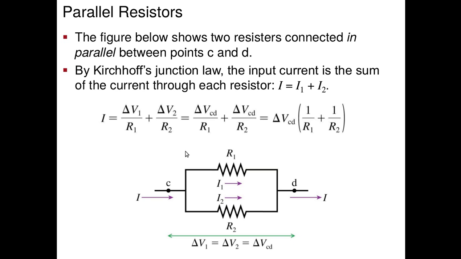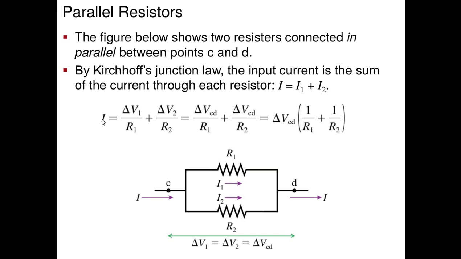But I know from the lab and our voltmeter readings that V1 and V2 are both the voltage of the battery. So I can write that as V sub CD. So now the numerators are the same term, the voltage supplied by the battery. So if I factor that out, I get 1 over R1 plus 1 over R2.